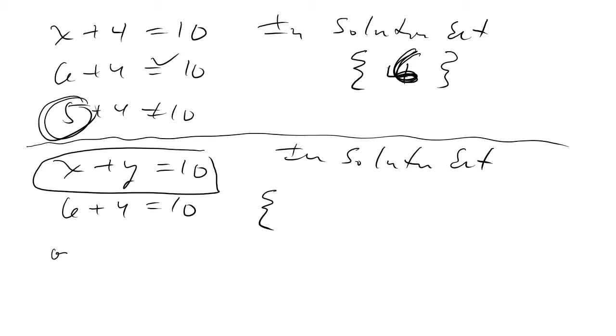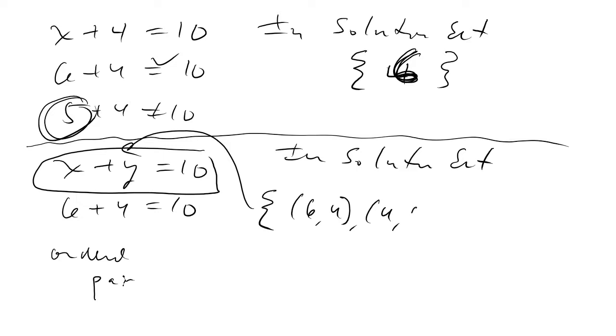So we introduce the concept of an ordered pair. An ordered pair is two numbers, in order, so 6 comma 4. That's an ordered pair that makes this equation true. And 4 comma 6 is another ordered pair that makes it true. And 2, 8, and 0, 10, and so on.